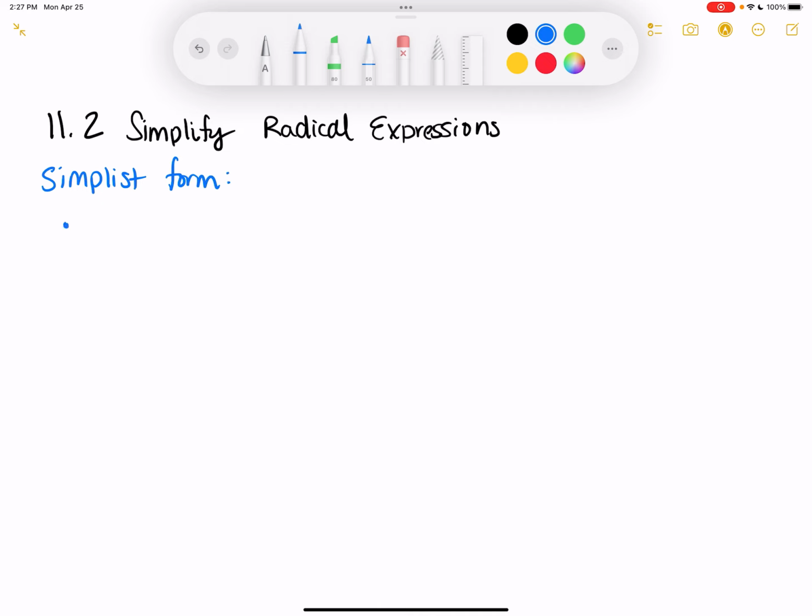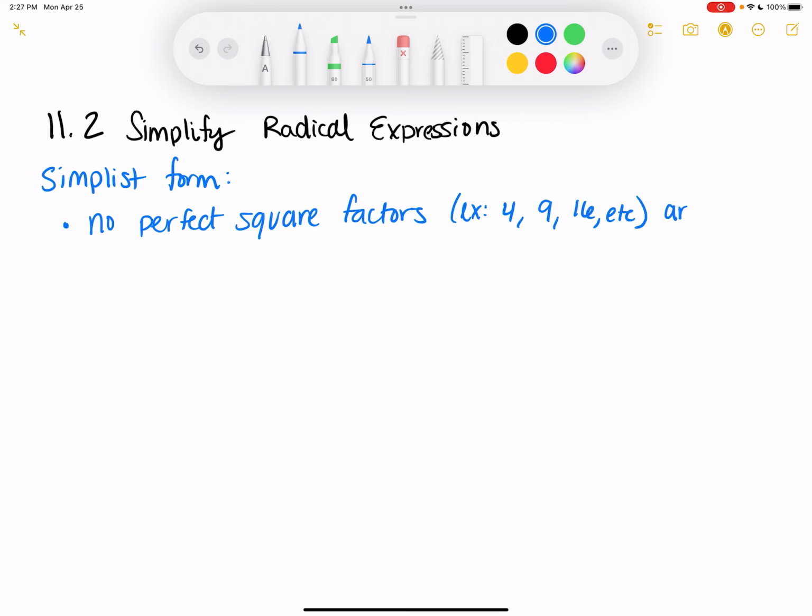No perfect square factors other than 1, something like 4, 9, or 16, are under the radical.